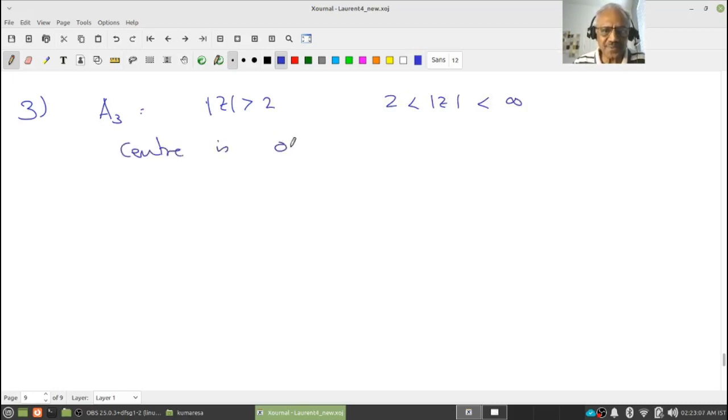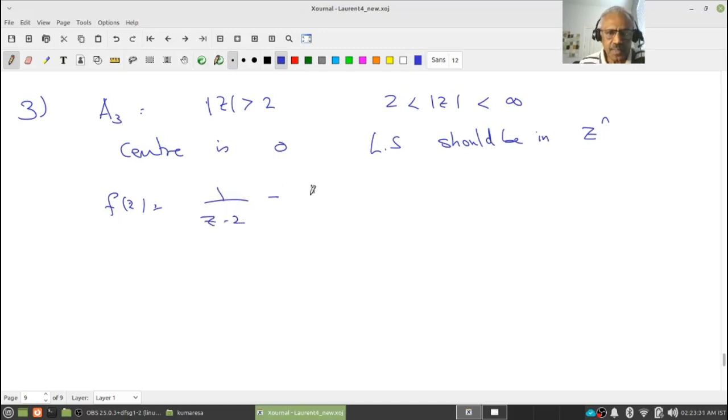Center is 0. Okay, I hope I didn't make the mistake which I did in the last example. Therefore, the Laurent series should be in powers of z to the power n. And what is the function? It is 1 by z minus 2 minus 1 by z minus 1.